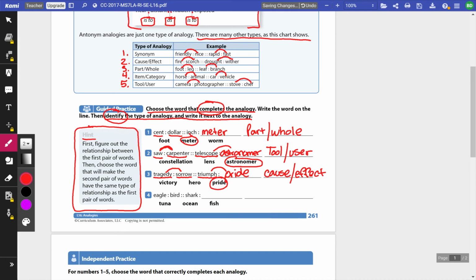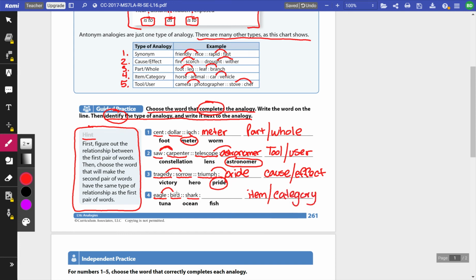Okay, last one. Eagle is to bird as shark is to blank. So let's look at the relationship between the first two. So we have eagle and bird. So I know eagle is a kind of bird. So this tells me that we're looking at item to category.